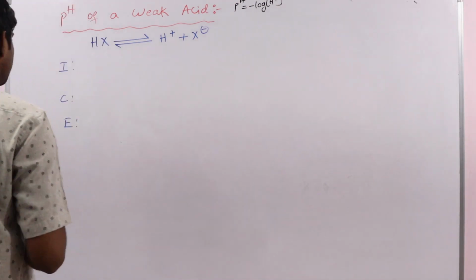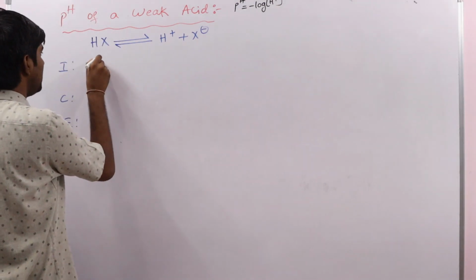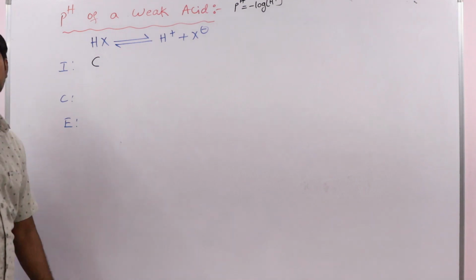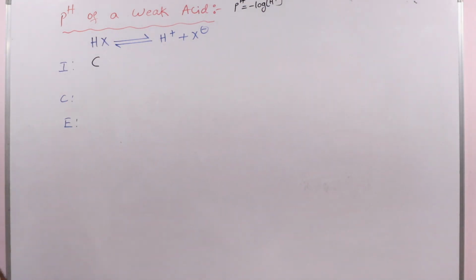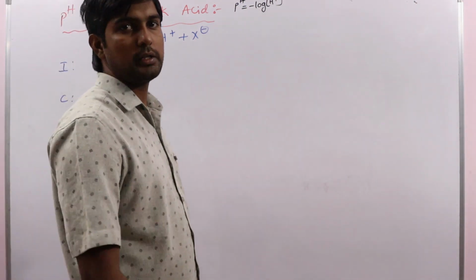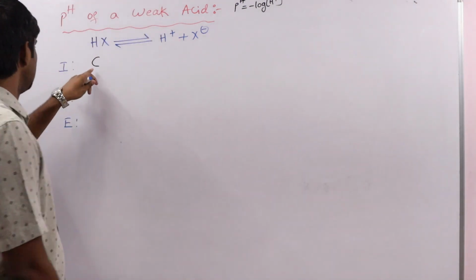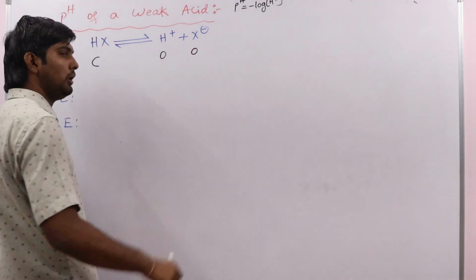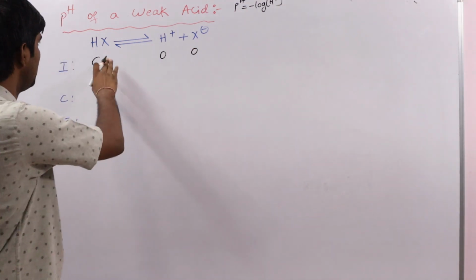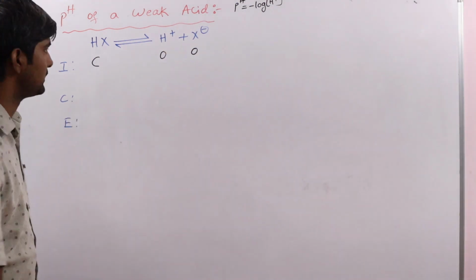Suppose the initial concentration of the acid is C. That may be C molar, C normal, whatever it may be, we are taking the concentration as C. Initially, at time t equal to 0, no dissociation has started.